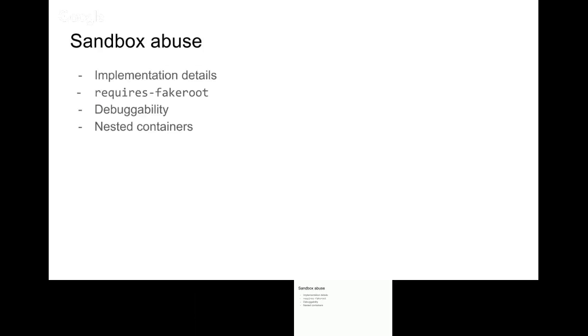There's also a bunch of flags which you can use to configure the behavior of Bazel sandbox. We pretty much pass them all multiple times if possible. And we use features like requires fake root, which allows the process in the container, the test process, to think it's assuming UID 0.